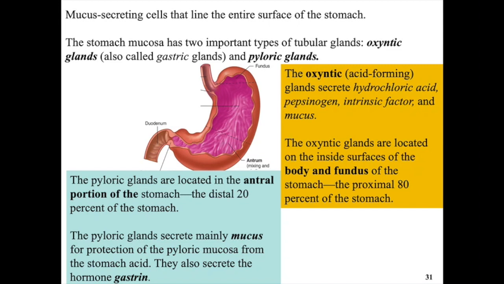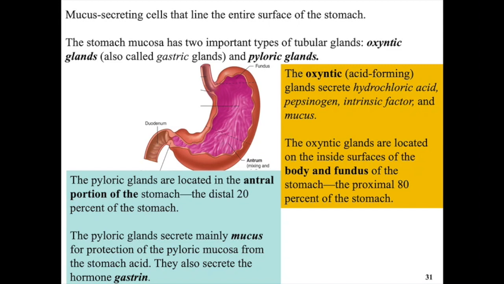We normally distinguish two types of glands: the oxyntic glands, also called gastric glands, and the pyloric glands. The pyloric glands are closer to the pylorus, in the antrum, and they secrete essentially mucus and also a substance called gastrin.